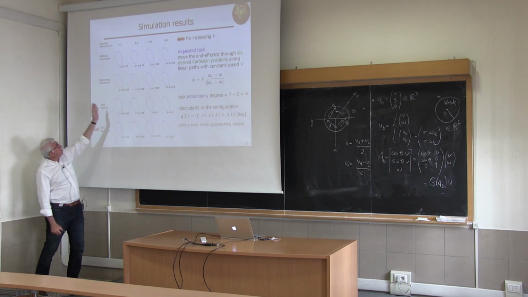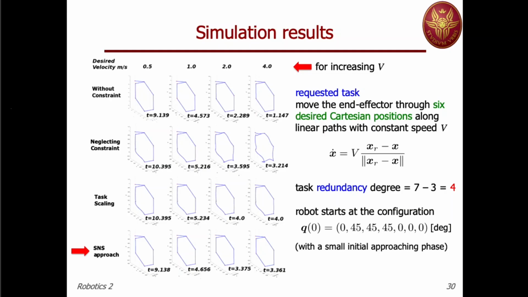Now, in this big table, you see many situations. Along the column, you see executing this task with a speed which is 0.5 meter per second, 1.1 meter per second, 2 meter per second, 4 meter per second, requiring faster and faster motion.